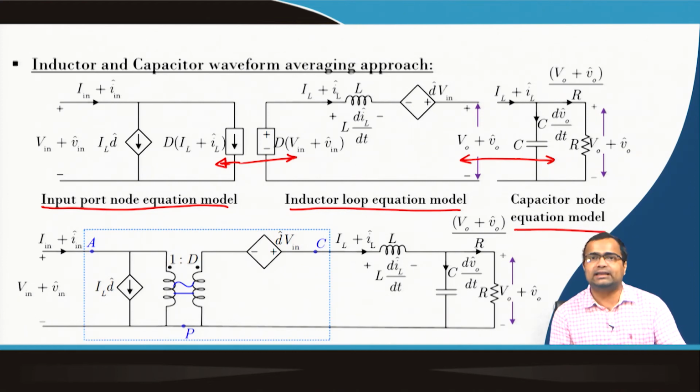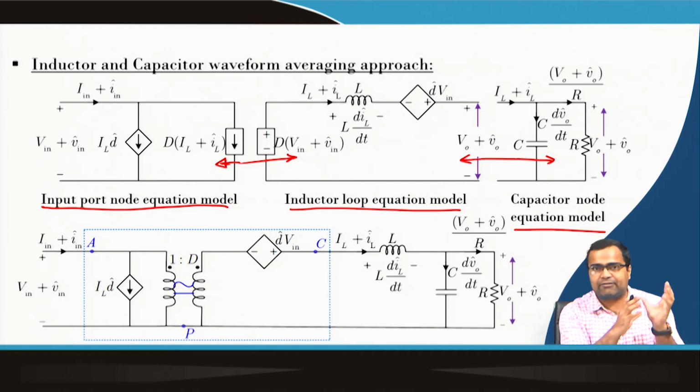This model is also the same as the one we obtained using the 3 terminal switch model. That means if we use an average switch model or if we do waveform averaging using circuit averaging, we will get the same equivalent circuit model. Okay.